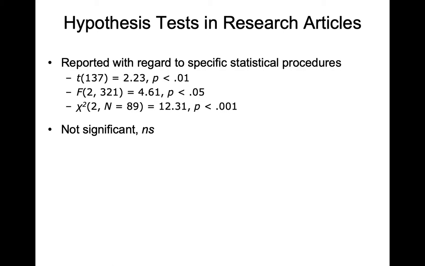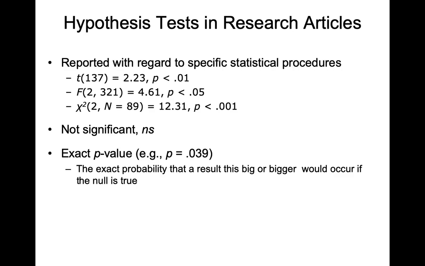Whatever result they were looking for, there was not enough of an improvement, or not enough of a reduction, or not enough of a difference between a treated group and an untreated group to reject the null. In which case, they'll just write comma ns. This was a non-significant result. Back to the drawing board. We'll have to improve our study and try it again.